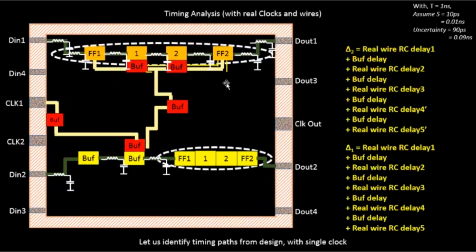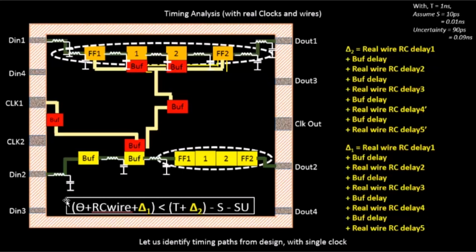Okay, so your timing equation will look something like this. For example, if we do a timing analysis for flip-flop 1 to flip-flop 2, the launch clock network delay remains the same, the capture clock network delay remains the same. Now your combinational delay, which is from flip-flop 1 to flip-flop 2 through this combinational logic, will now have a real wire delay rather than the estimated wire delay we have been using till now.